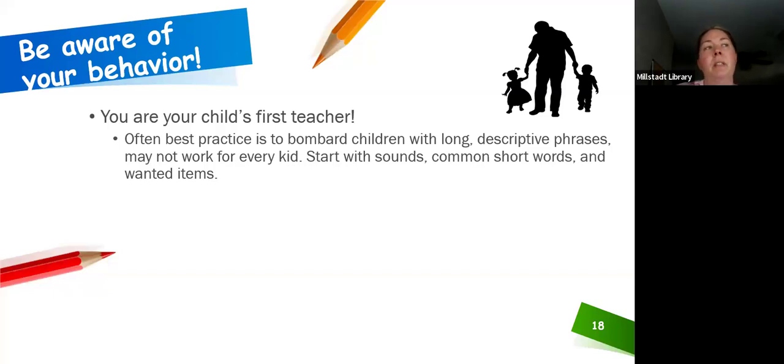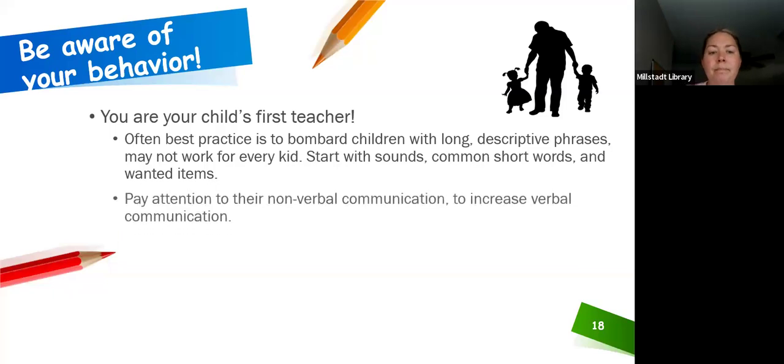So if there's something that is a common thing within the household or a daycare setting that the child is wanting, whether it be like cup, ball, toy, blanket, or a TV show, just saying that one word instead of, do you want the blue sippy cup with the milk inside? That may be lost on someone that is having some language delays or has a language disorder.